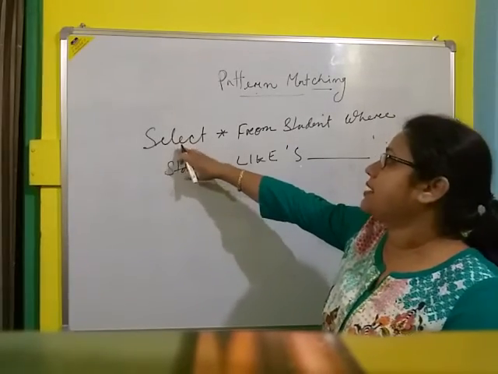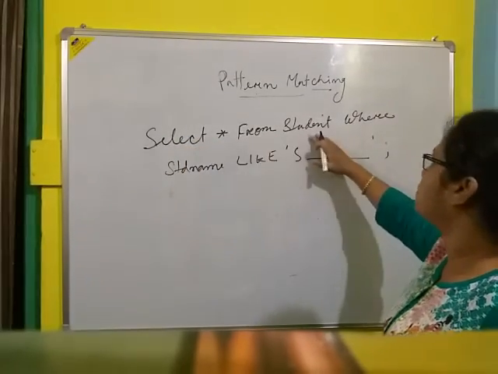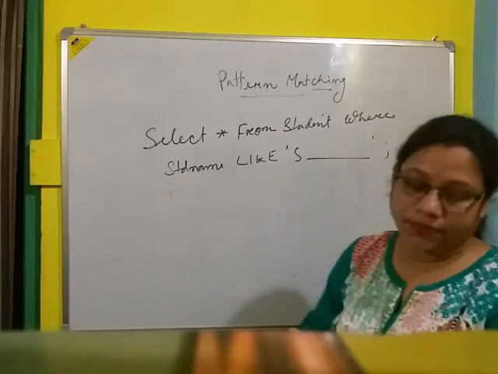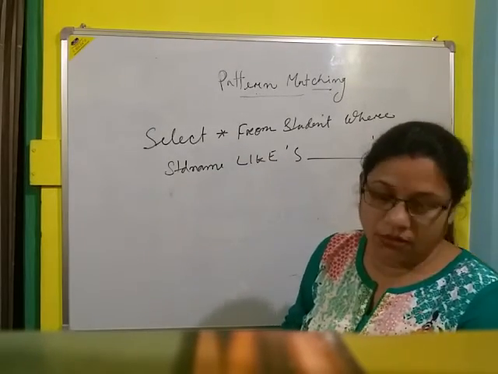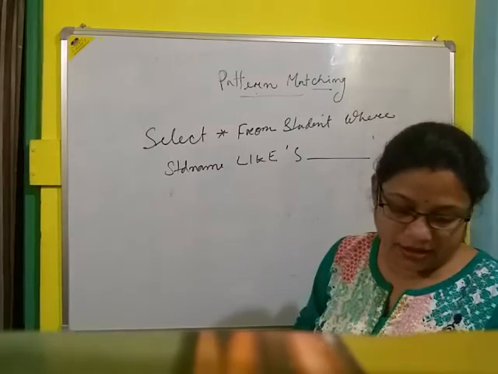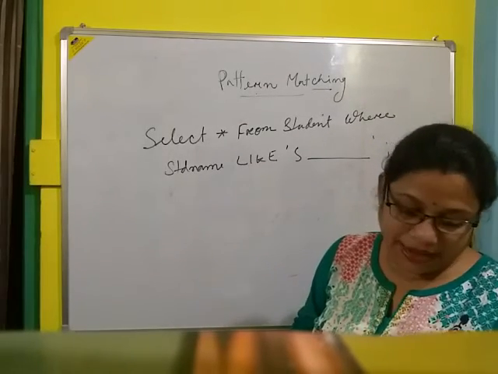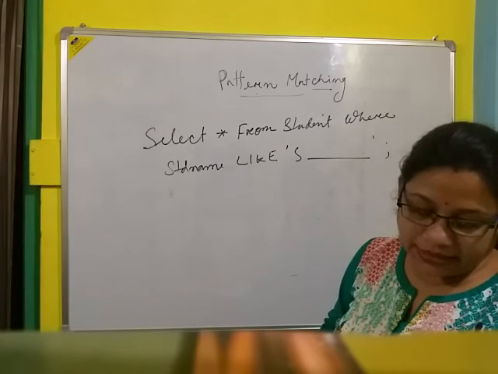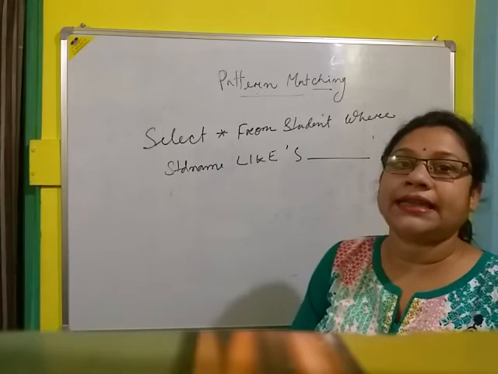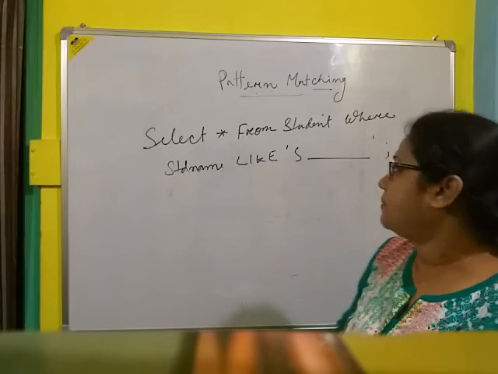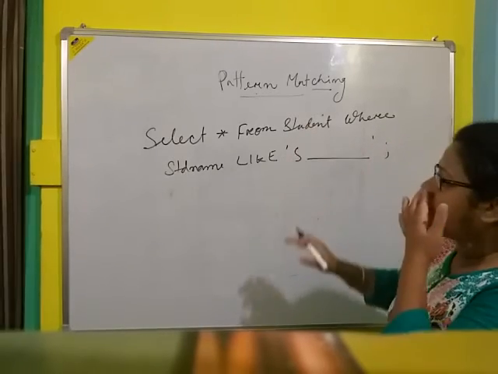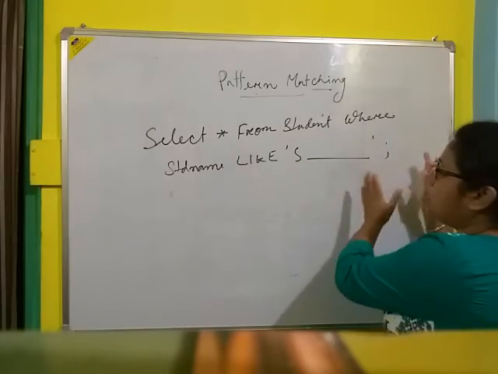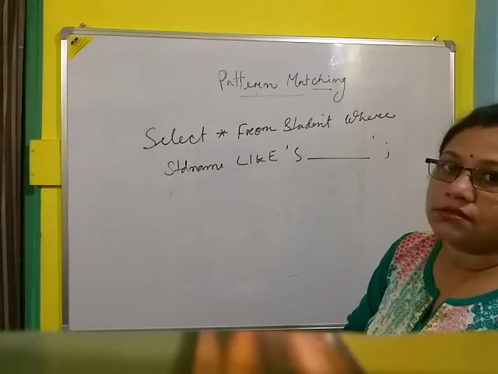When you write this statement, it will display all rows having a student name starting with S followed by 10 characters. That means it will display the student names that start with the S character and are followed by 10 characters.